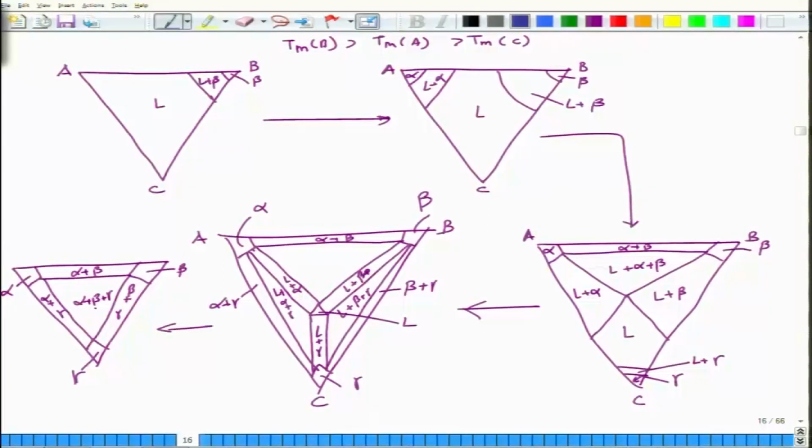Just before the eutectic, you will have a four phase equilibrium at the ternary eutectic temperature, and then you will have a final phase distribution where you have alpha, beta, gamma terminal solid solutions. In between these three terminal solid solutions, you will have two phase fields of alpha plus beta, beta plus gamma, and gamma plus alpha, and these will surround a three phase region, which will be the alpha plus beta plus gamma three phase equilibrium.